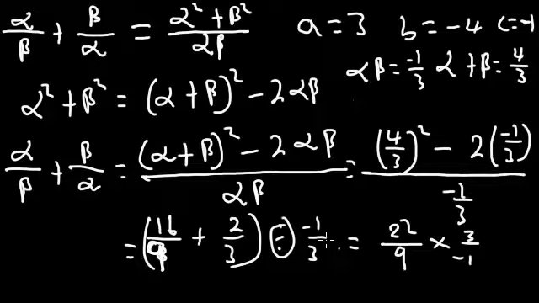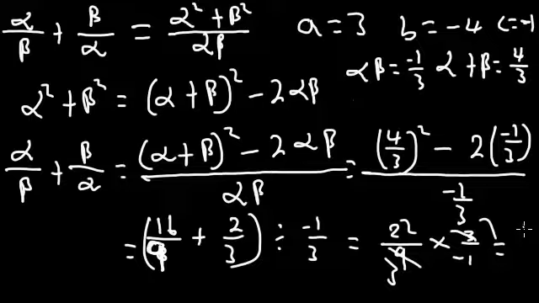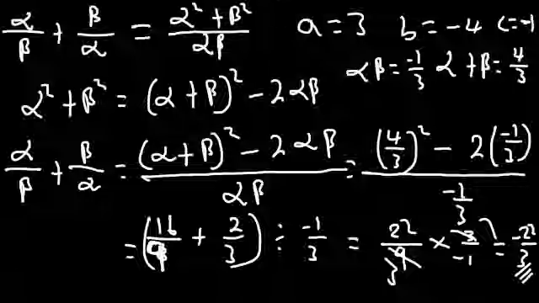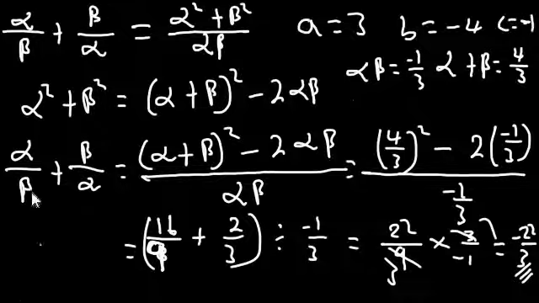So I've flipped this fraction, I've changed the sign. Now 3 here 1, 3 here 3. Final answer is simply negative 22 over 3. And this is the solution to alpha over beta plus beta over alpha. And that is the solution to this problem.